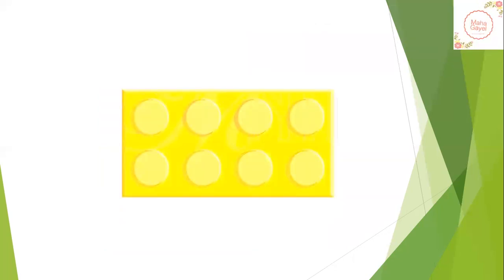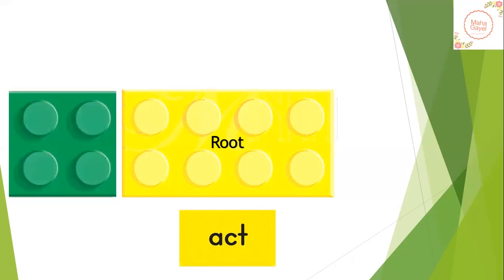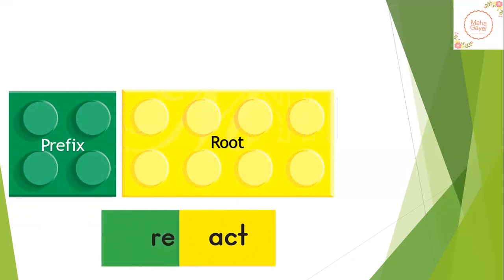But let's revise together. If I have the main part of the word, I am dealing with the root of the word. The main part of the word is the root. For example, the word act. What if I added a letter or a group of letters at the beginning or before the root? Now I am adding what is called a prefix, as here I have the word react.